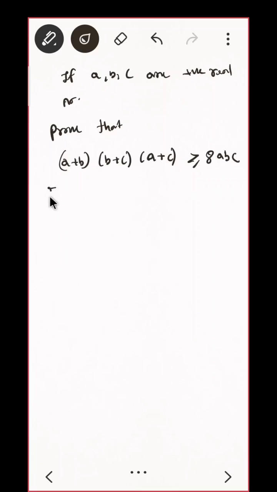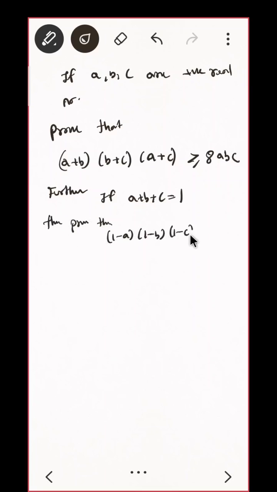Further, if a plus b plus c is equal to 1, then prove that (1 minus a)(1 minus b)(1 minus c) is greater than or equal to 8abc. Okay, this is what you have to prove. We'll write question 1.